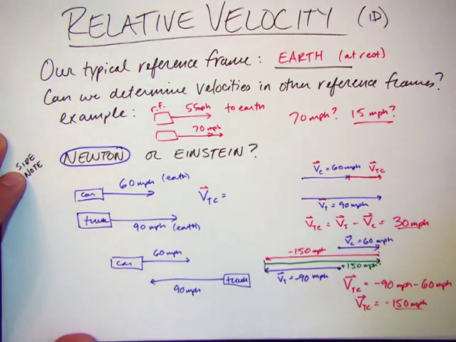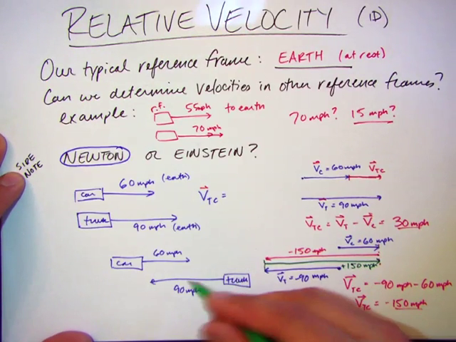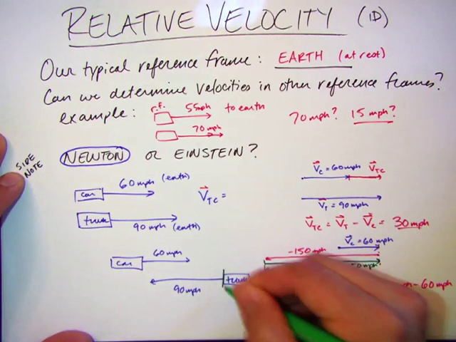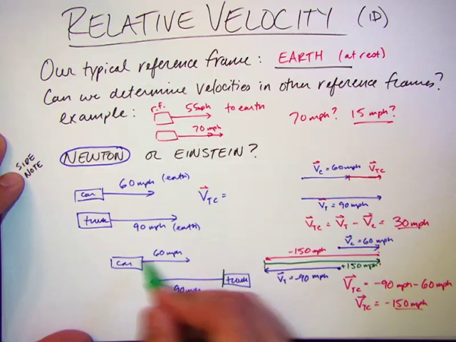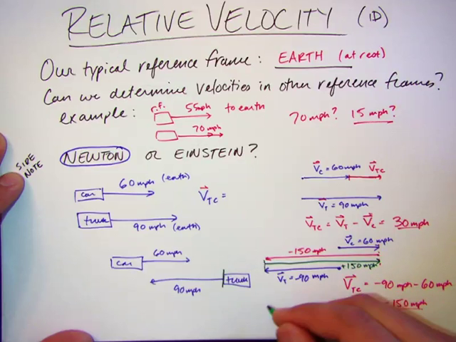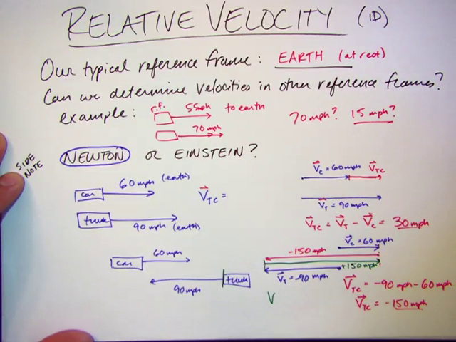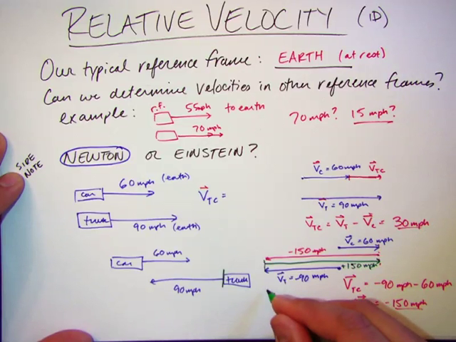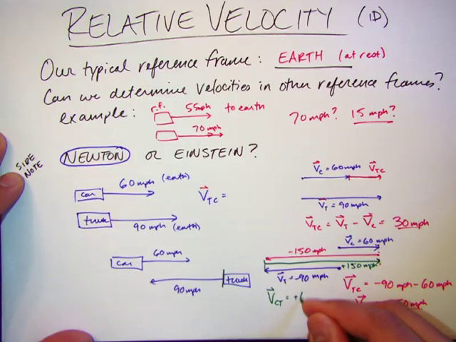Does that make sense? Yeah, because if I'm driving in the truck at 90 miles per hour, if I were stationary, it would take my speed plus this car's speed. It would appear that the car was moving 150 miles per hour, but in the positive direction, because I'm moving negative and the car is moving positive. So the velocity of the car relative to the truck is just the opposite.